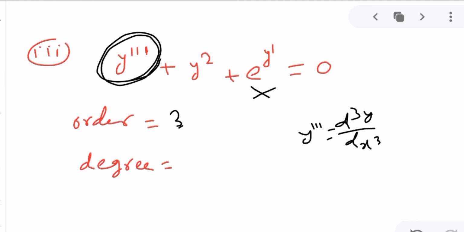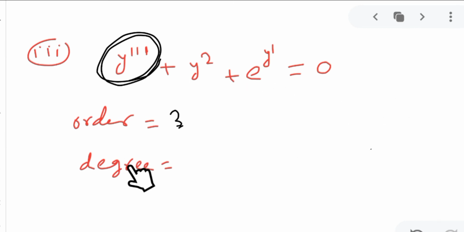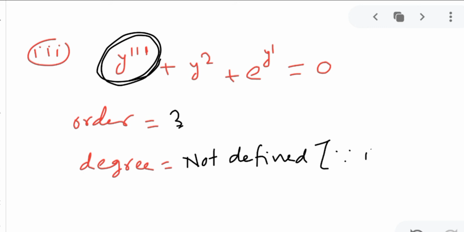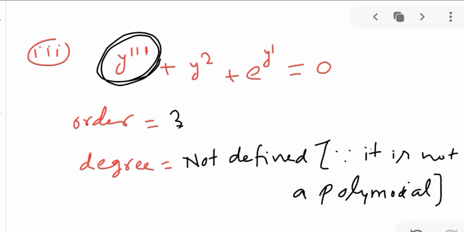So this is not a polynomial, and since it is not a polynomial, the degree will not be defined. So you will write degree is not defined, since it is not a polynomial differential equation.